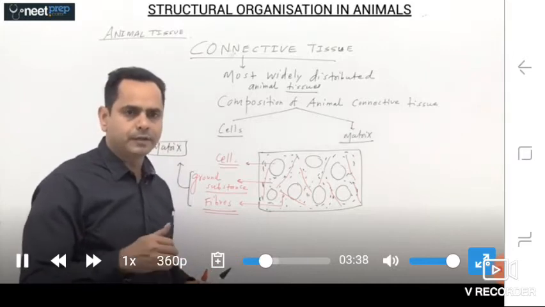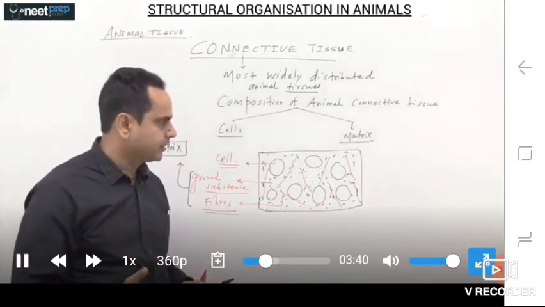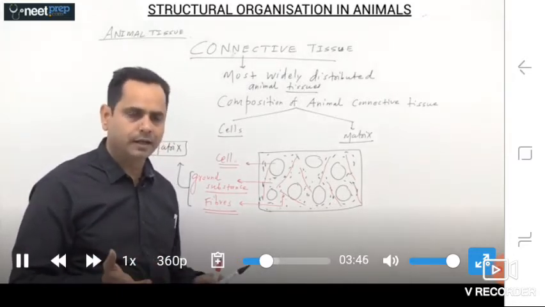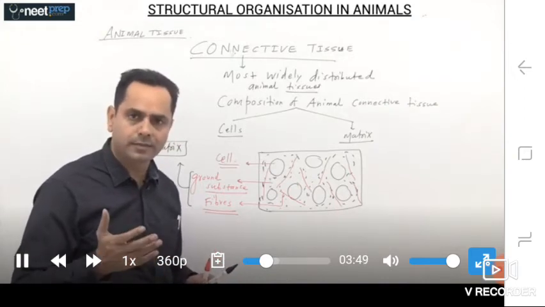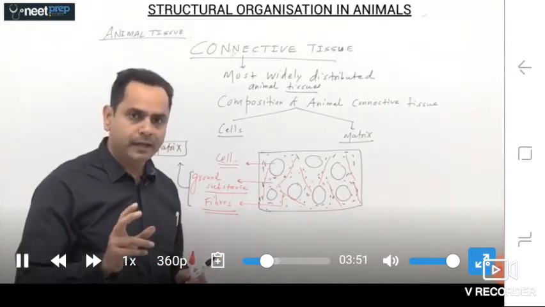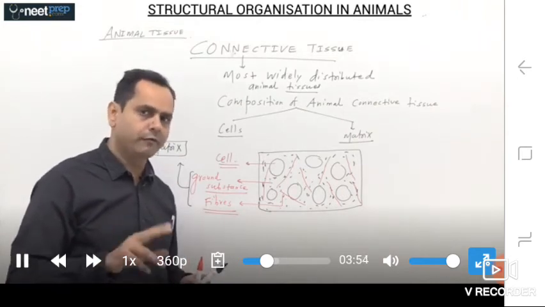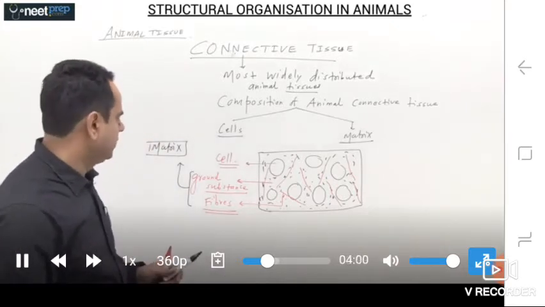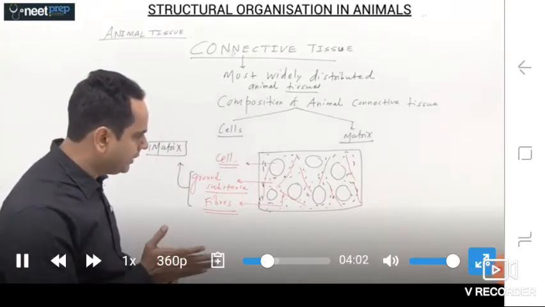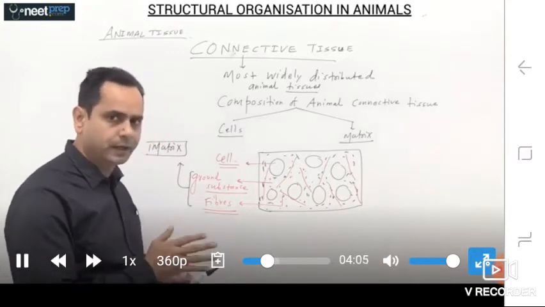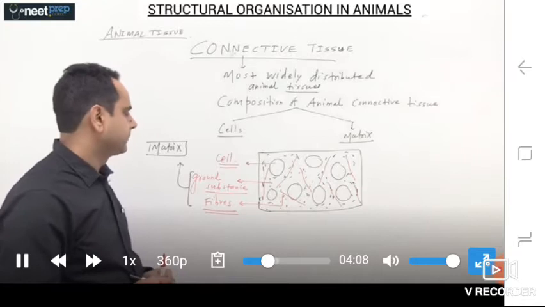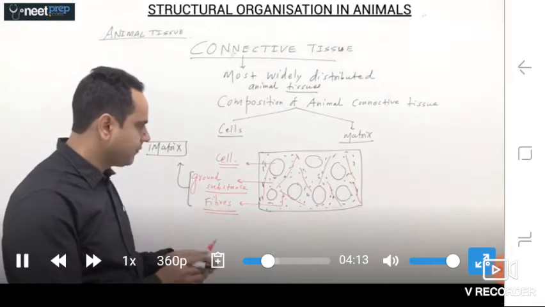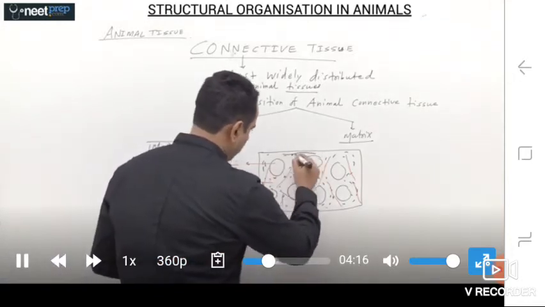Even in the NCERT, somewhere it is written, the matrix is the part of extracellular substance. That is right. Matrix is the extracellular substance. But matrix contains both the part, fibers along with the ground substance. And if you differentiate this connective tissue from the epithelial part, one thing is very important. In comparison to epithelial tissues, connective tissues are highly vascular.